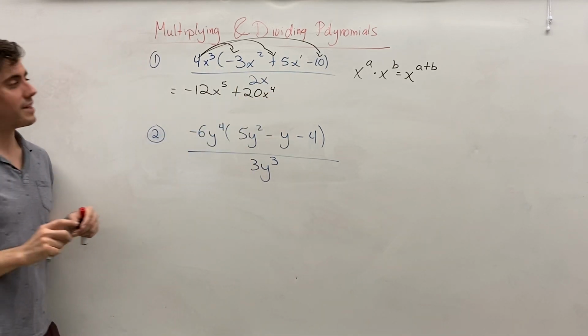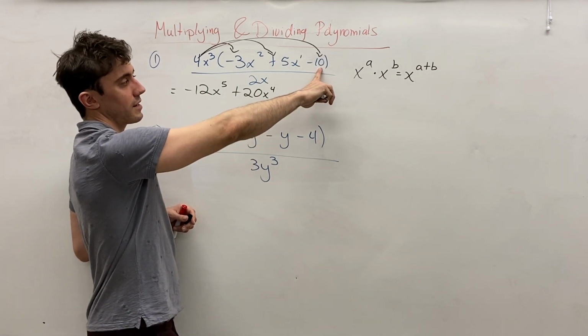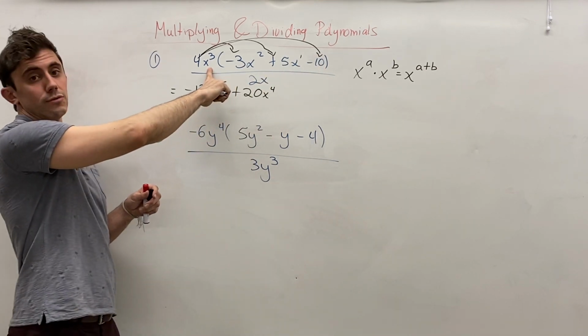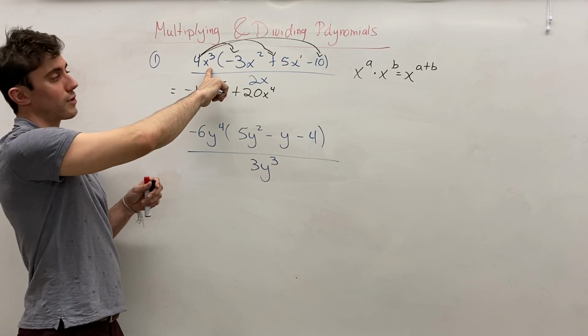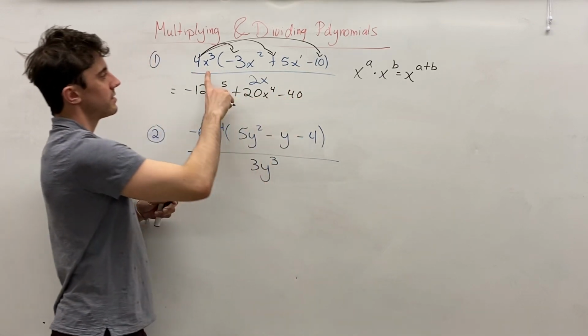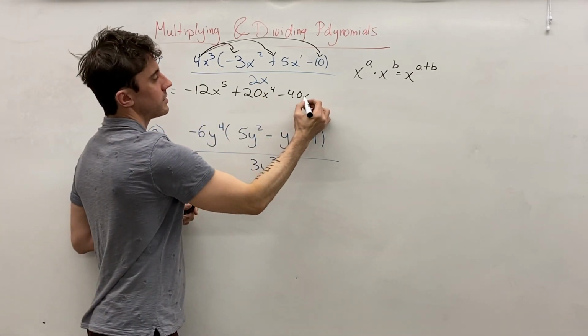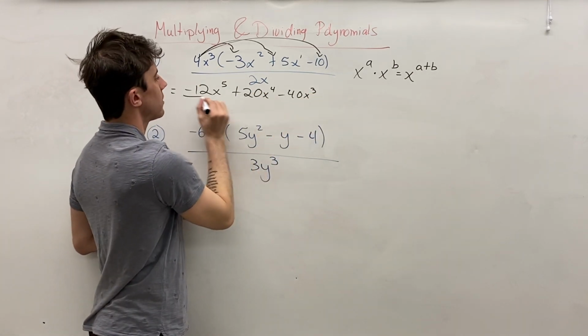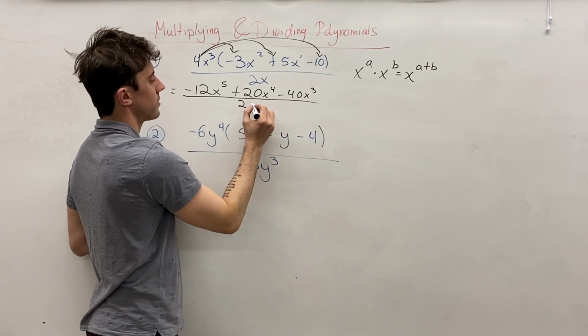Okay. And then in the end, there's no x in the last term, and so we'll just have the x cubed that we already have up front. So 4 times negative 10 is negative 40, and then let's not forget to tack on the x cubed, okay? Always over 2x.